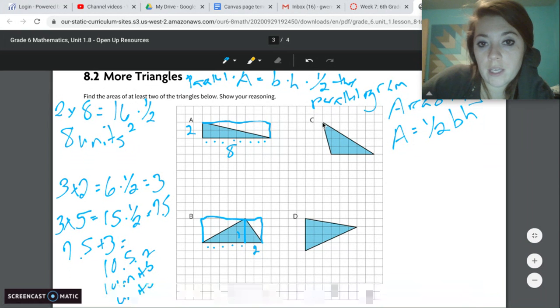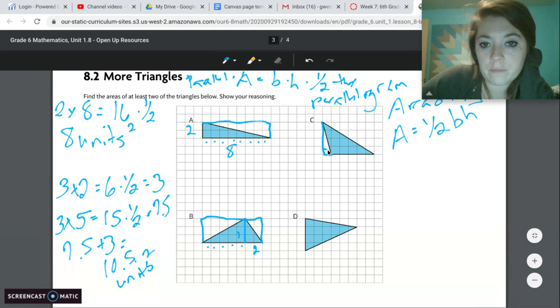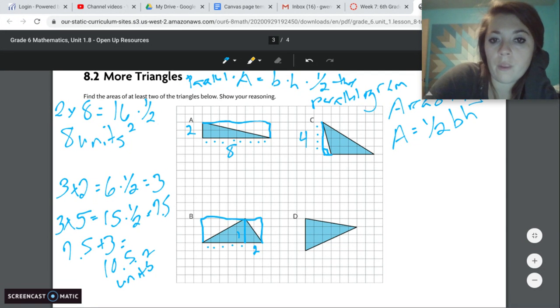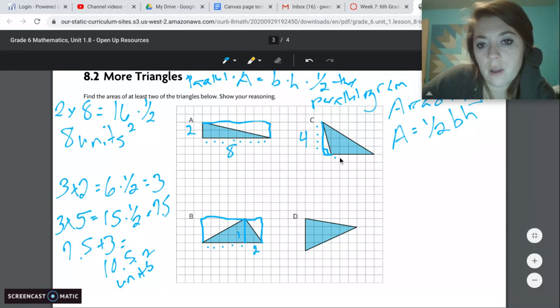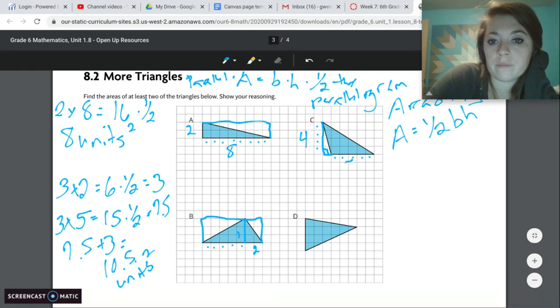So for this one over here, we're going to extend the height down. So 1, 2, 3, 4 to get that perpendicular. So we extend the base so we can find the perpendicular height. And so our height is 4. The base is 1, 2, 3, 4, 5.